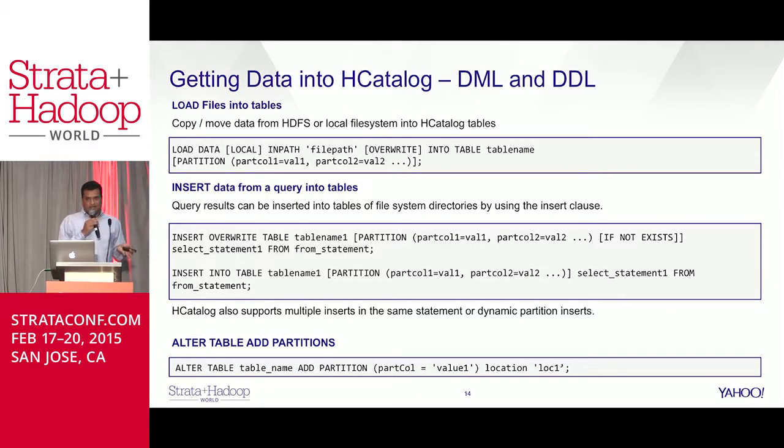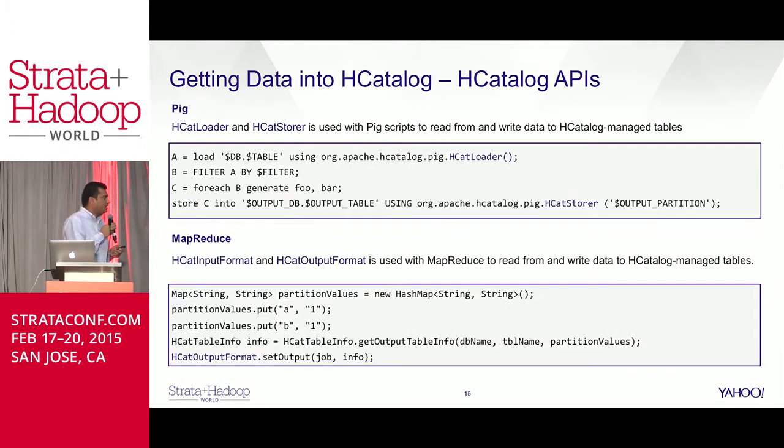All the DDL, DML that you're comfortable with in SQL or Hive works much the same way with HCatalog. So you have a variety of ways to get your data into HCatalog. You can load your data from HDFS or local file paths. You can insert query results into the table, or you can add partitions manually.